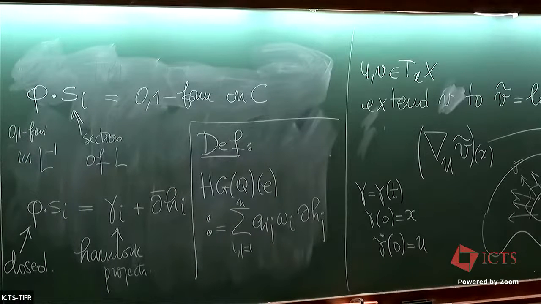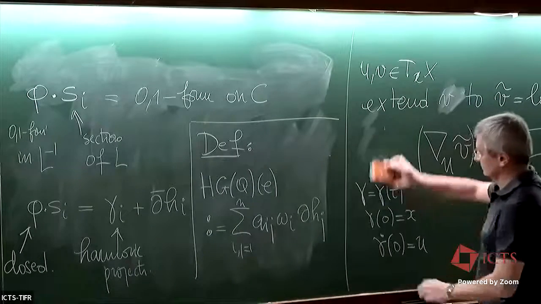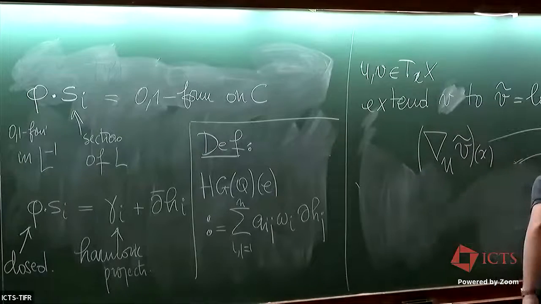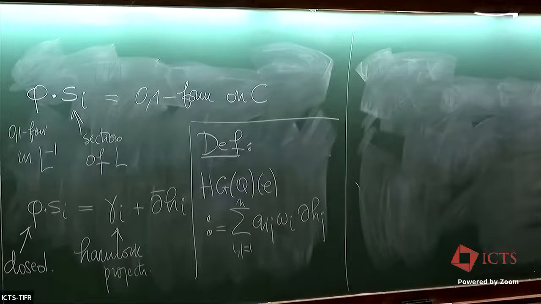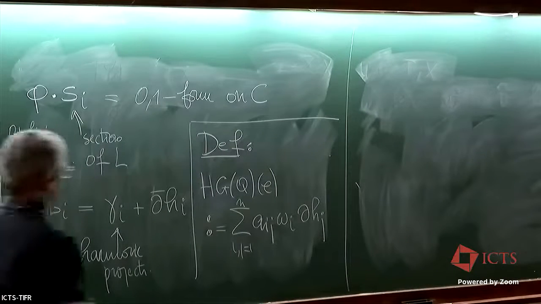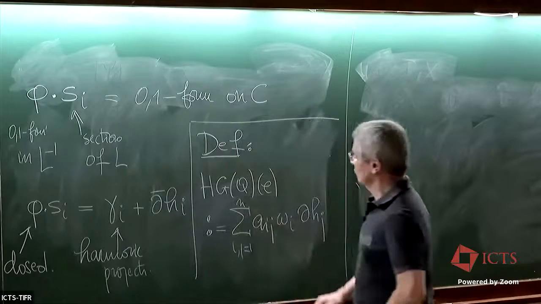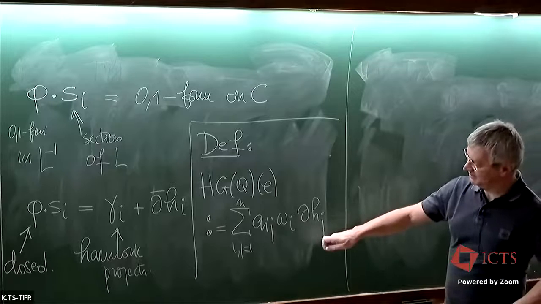Here I'm always summing over all indices, so I get all the, okay, so yeah. So let's see at least that this makes sense. So this is what?